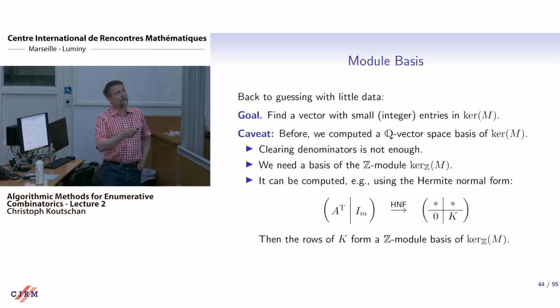That is, if the matrix A has the dimension m times n, then you want to have n zeros here, so that these rows here have length m. And then all the rows that are denoted by k here form a Z module basis of the kernel of M or A.